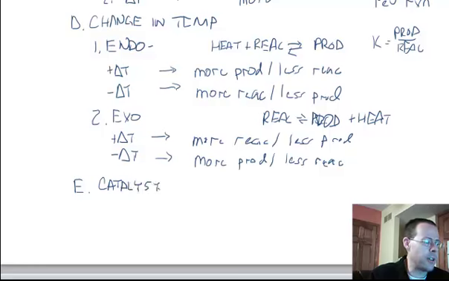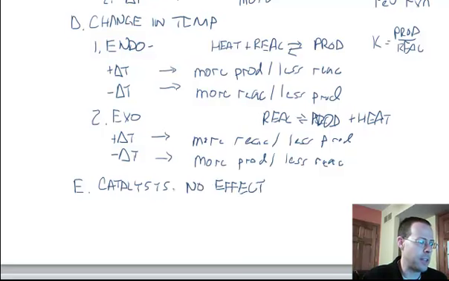So again, catalysts change the speed of reactions by lowering the activation energy. So essentially catalysts have no effect. Again, this is a question they like to ask in the AP test. So catalysts have no effect on K, or on equilibrium.